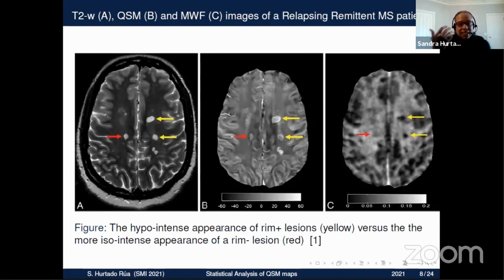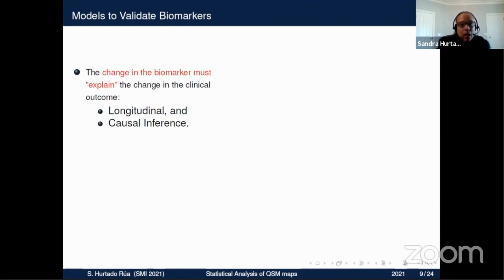And if we look at this, for the appearance that Susan talked about, the QSM lesions. But if we really want to talk about the biomarker evaluation, we need both.